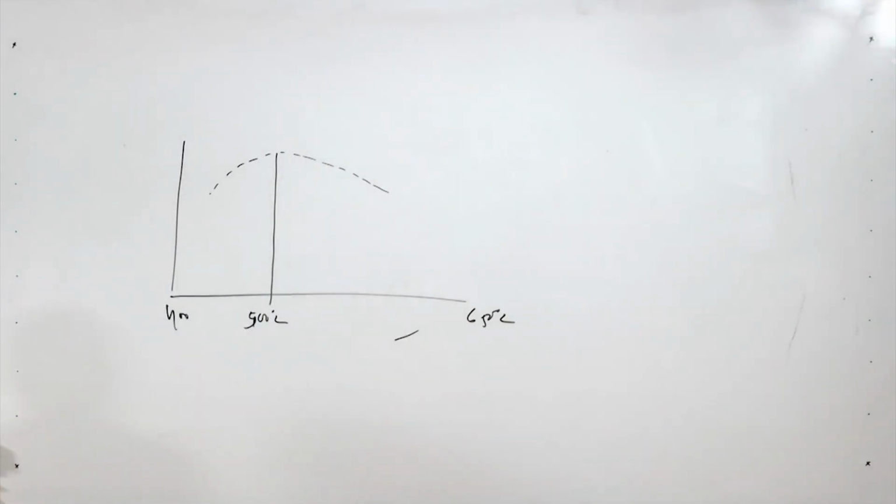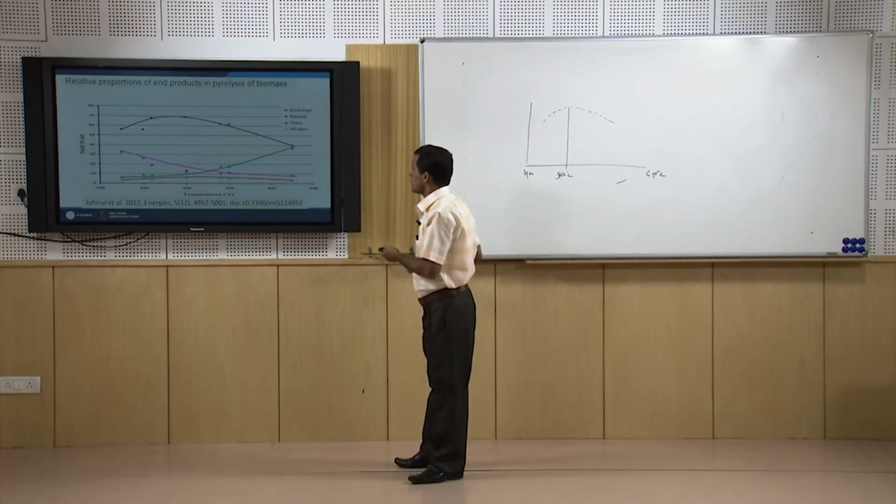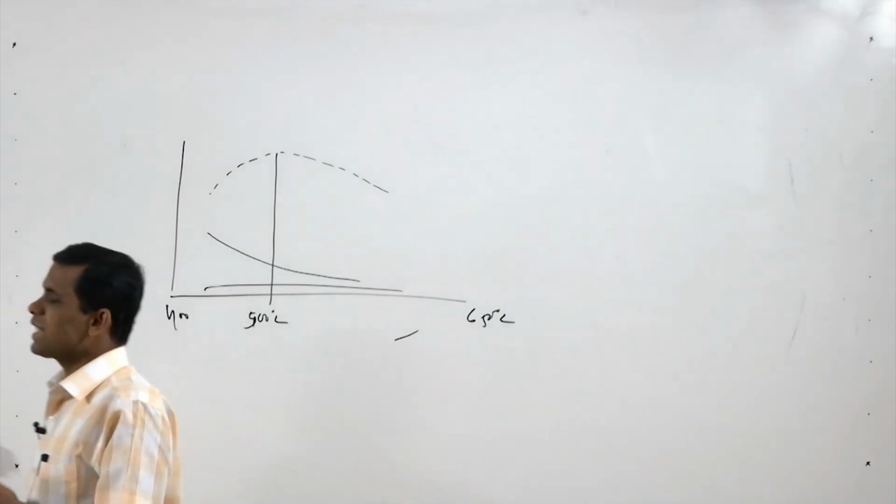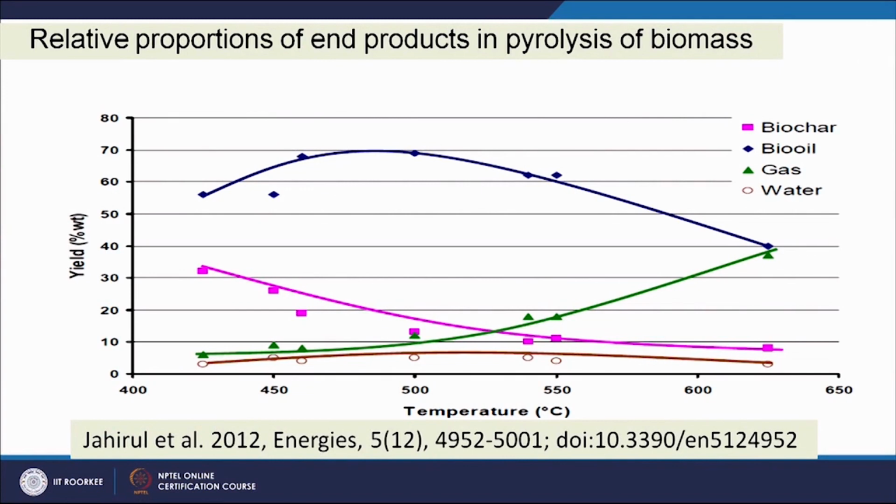Obviously, this is specific to certain biomass. Biochar decreases with increase in temperature, there is not much change in moisture content, and gas content increases with increase in temperature.